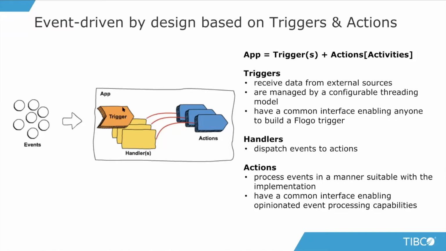Triggers are responsible for connecting to external sources, consuming events, and the handlers that are attached to triggers dispatch those events to actions for processing those events. And there are different types of actions that are available in Flogo system that you can use. For example, flows is a type of action, and within flows, you can have a set of activities to process an event that is consumed by a trigger.